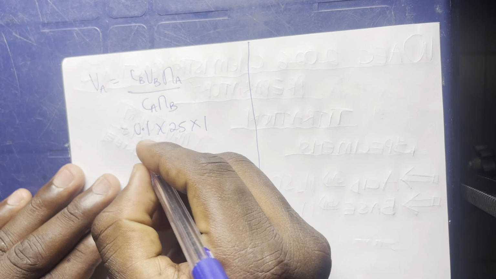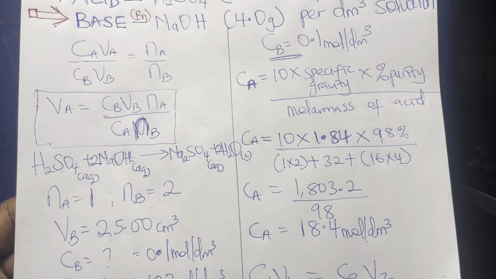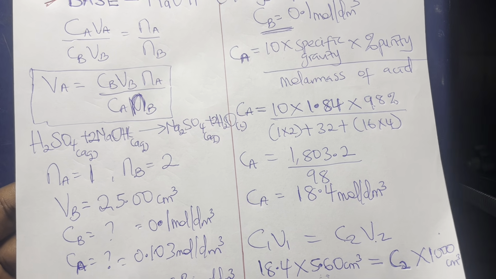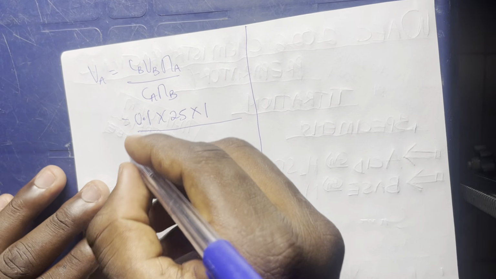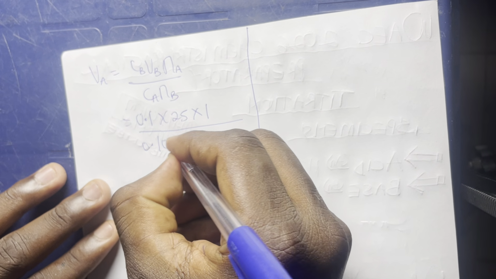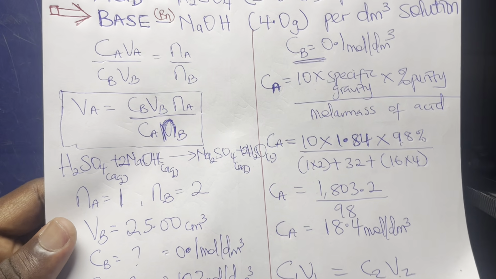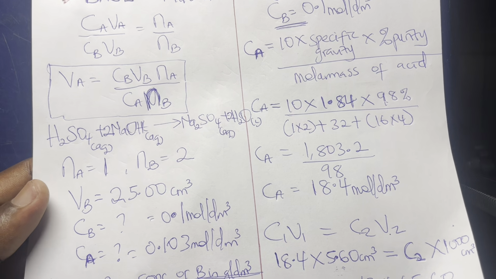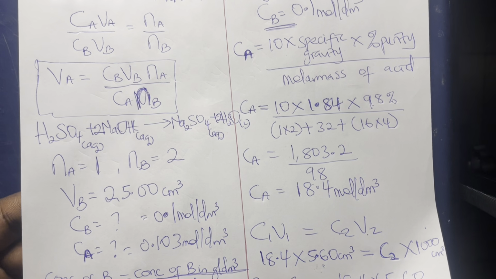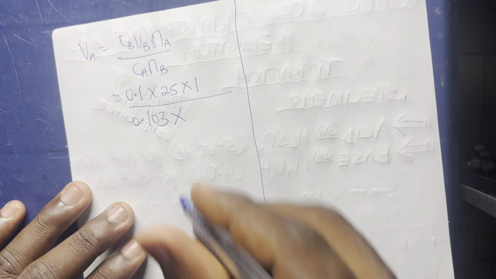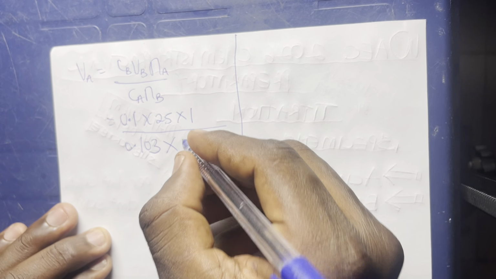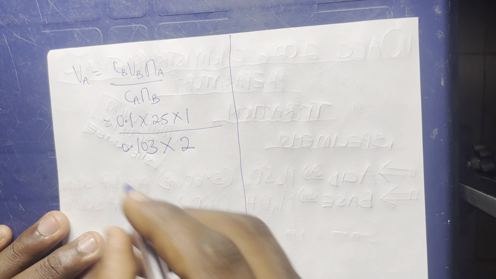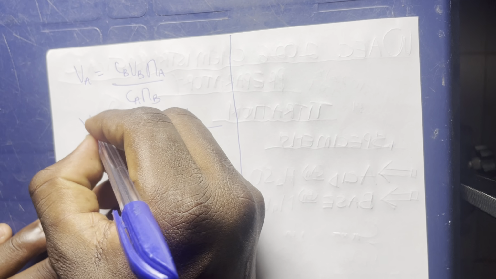So all over our Ca, which is 0.103, multiplied by our Nb, which is 2. As you can see there, our Nb is 2. So we can actually get our Va.